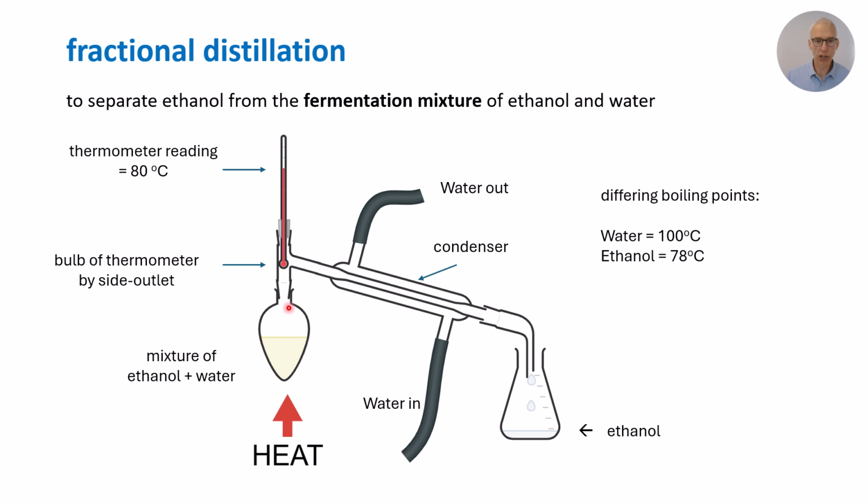So ethanol rises and leaves via the condenser, whereas water may rise, but it will condense as the temperature drops and drop back in. So there is our fractional distillation of the ethanol and water mix, and we will achieve a pure sample of ethanol.